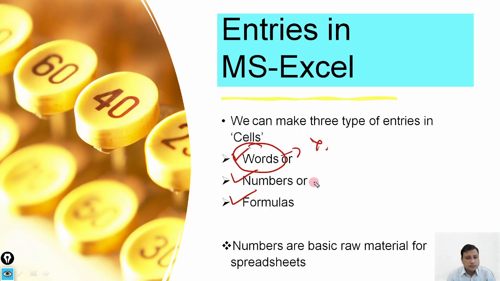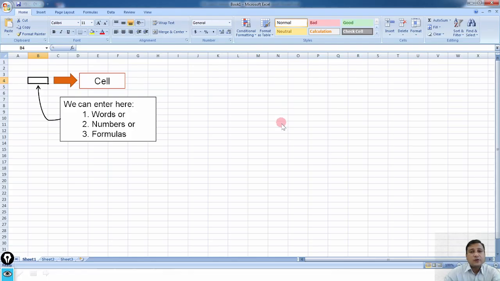So it is always better that your data should be in numbers. If it is in numbers, then we can apply more and more statistics, because numbers are the basic raw material for spreadsheets. Fine. So here we are again on the worksheet.